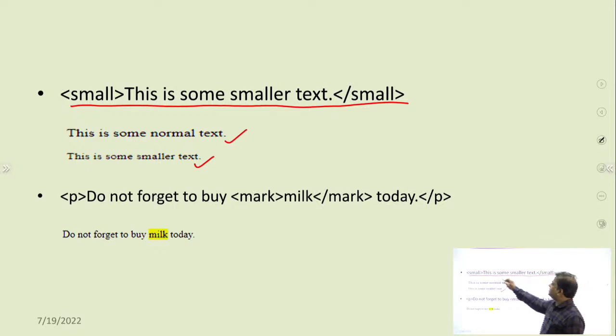This is the line where I want to make the change, that this is some smaller text. So what I have written is the small opening and the small closing. The important thing is that on whichever text you want to make any effect, use the opening tag before that text and the closing tag after that text, right?